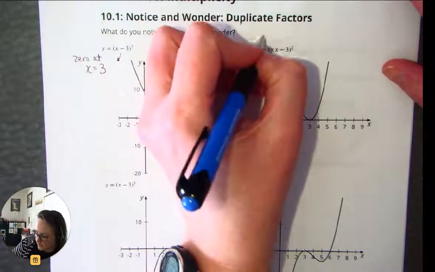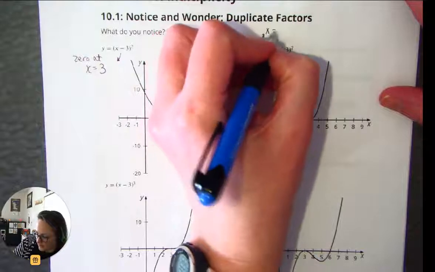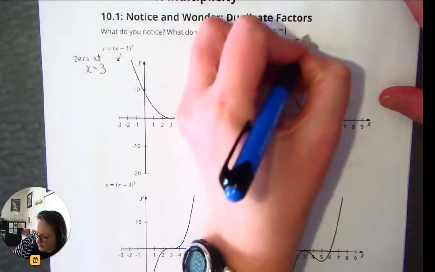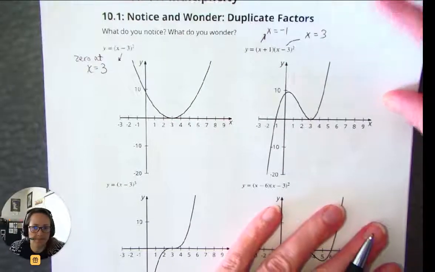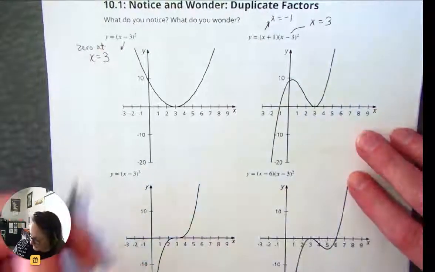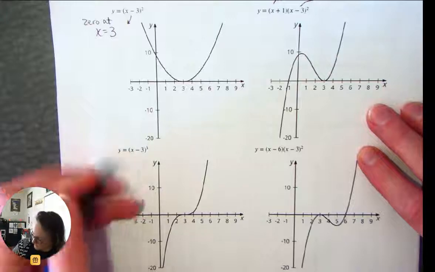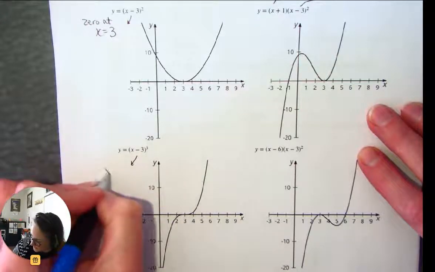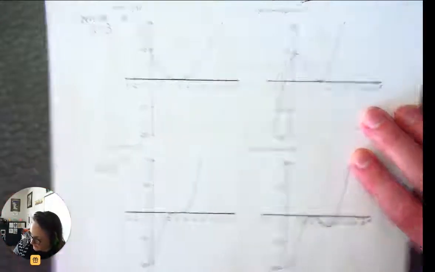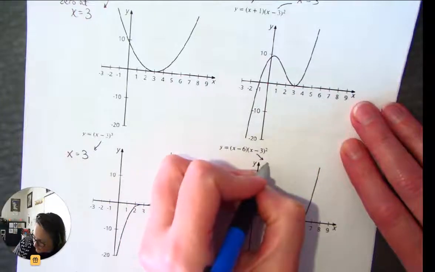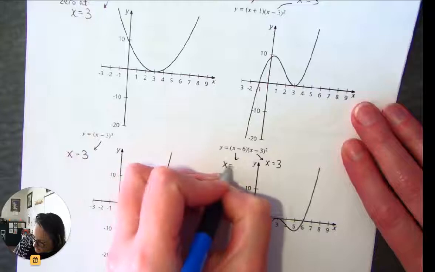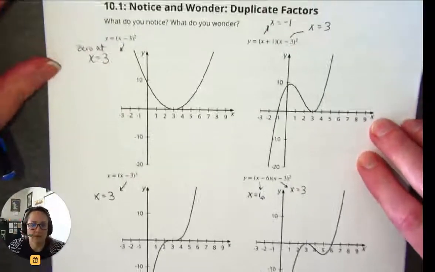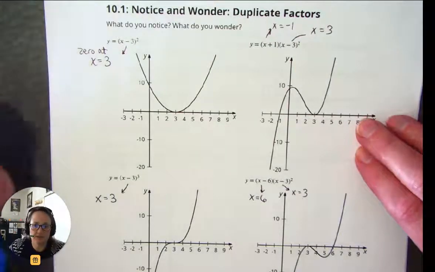This one would have two zeros, one at x equals -1 and one at x equals +3. This one looks like it just has, again, still that 0 at x equals +3. And this one's got it at +3 and +6.